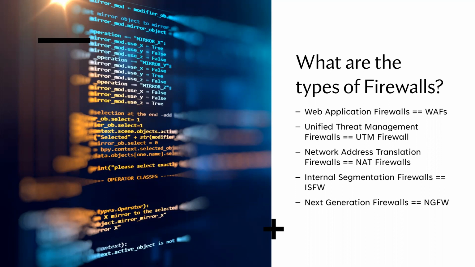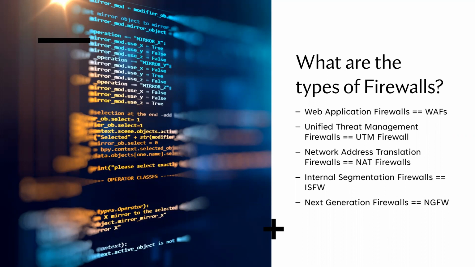Internal segmentation firewalls work at layer 2, blocking traffic coming from one port and going out another, typically used for network refreshes or cutovers going from one device to another.